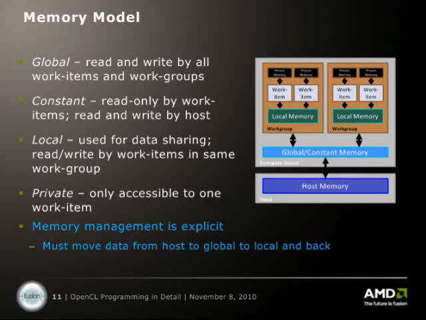The important point with OpenCL is that it has a completely relaxed memory consistency model. What that means is, as a programmer, you have to manage the data transfers within memory explicitly. You have to manage exactly when you want the data to move from one device, for example, to another.